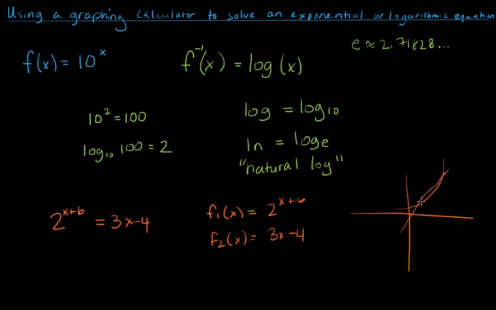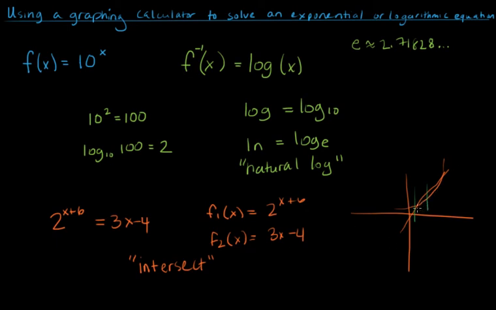Then you can use the graphing calculator to find the intersection. Intersect is one of the tools in the graphing calculator. You're going to press intersect, and then it's going to do that same thing that we've seen before, where it wants a lower bound and an upper bound. Just go around where it's intersecting, hit enter, and then it will give you that value.